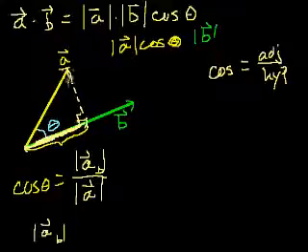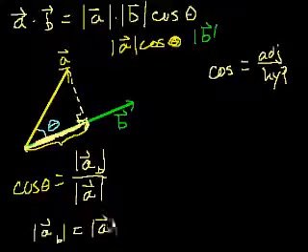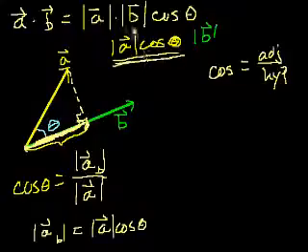The part of A that goes in the same direction as B is equal to, multiplying both sides by the magnitude of A, the magnitude of A cosine of theta, which is exactly what we have up here in the definition of the dot product.